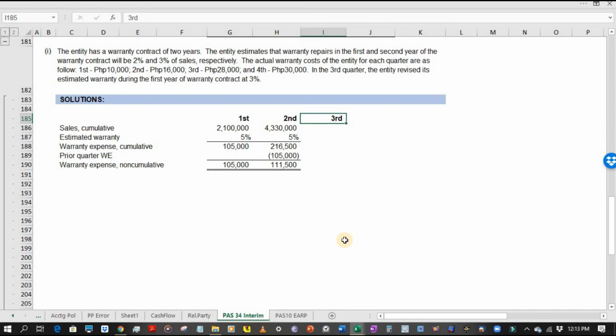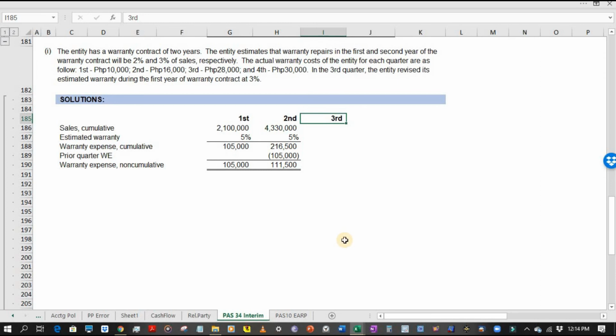So since we already have recorded a warranty expense during the first 6 months, first quarter and second quarter, at 5%, since we have a revision of 6% and the 6% must be applied starting January, that is why we need to compute for the warranty expense that has been recorded since the first quarter, which is the cumulative amount.